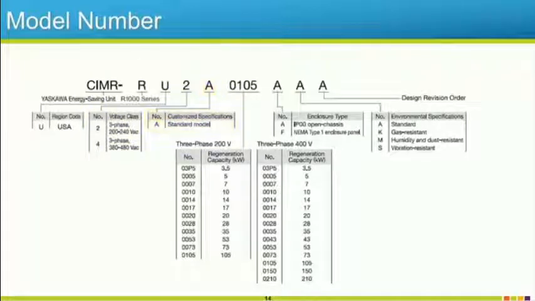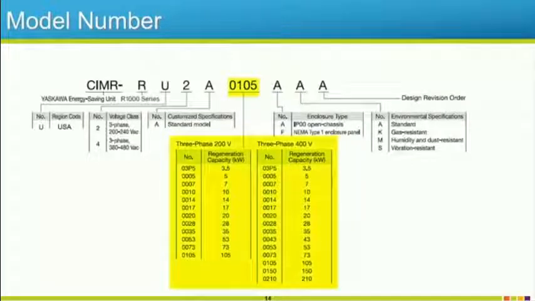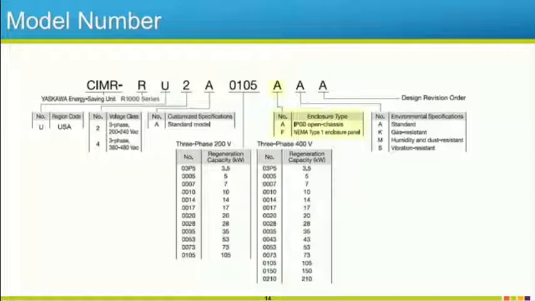In addition to the voltage class, one of the most important designators is the rated capacity. This value is in kilowatts and designates how much regenerative power that specific R1000 is rated for. This differs from our drives, which are rated for an output current. The last three designators will determine the chassis type, any add-in environmental specs, and the revision of the unit.